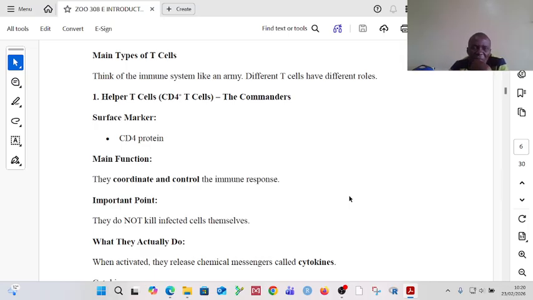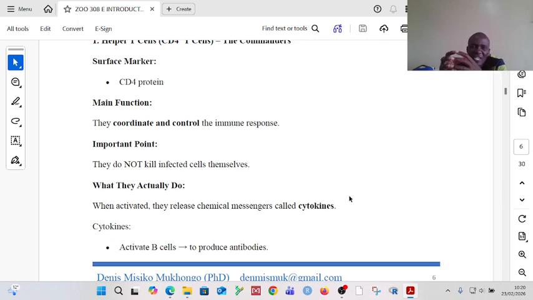But instead, when they are activated, they release chemicals which are called cytokines. Then these cytokines will lead to activation of B cells. And then once B cells have been activated, they will produce antibodies. Okay.